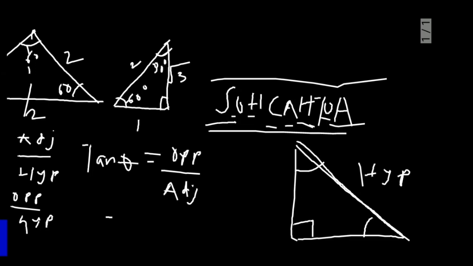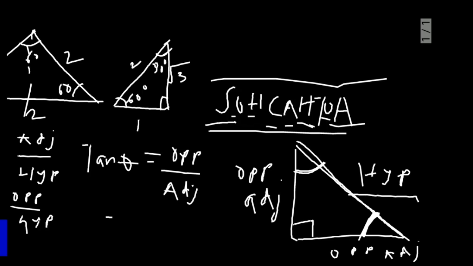So wherever the angle faces is the opposite. If we are considering this angle, this would be our opposite side, and this would be the adjacent side. If we consider this angle, this would be our opposite side, and this would be our adjacent side. So it actually depends on the angle, and the hypotenuse side is always constant.